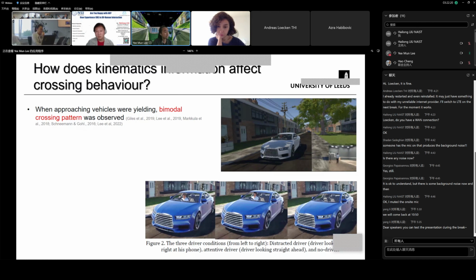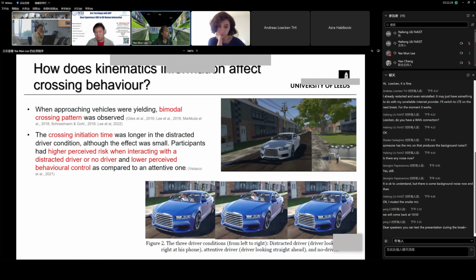So we investigated how the presence as well as the attentiveness of the driver affects crossing experience as well as crossing behavior. We found that crossing initiation time was longer in the distracted driver condition. If the driver looks distracted, then pedestrians took a bit longer to decide to cross.